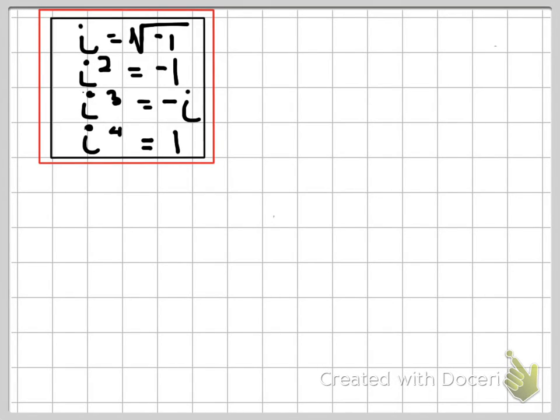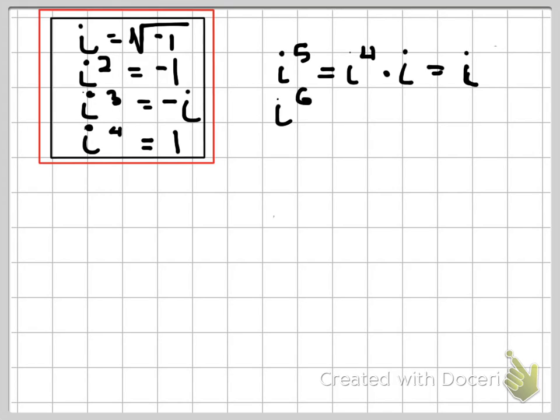So I want you to memorize these. We can continue with this pattern a little bit. i to the 5th is really the same thing as i to the 4th times i. We know that i to the 4th is 1, so 1 times i is simply i.